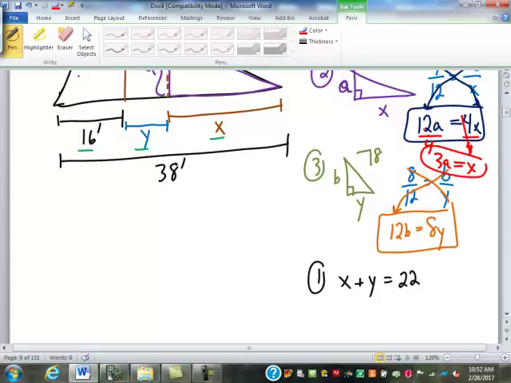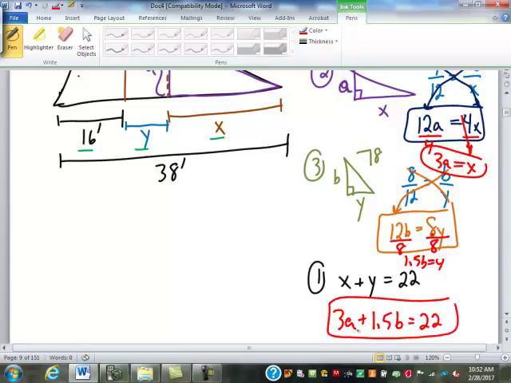I took the 12a equals 4x. I divided by 4 to get x equals 3a. So this is now 3a where the x is. What would I do here? Divide by 8 to give me 1.5b equals y. So I'd replace y with 1.5b equals 22. The problem is we still have 2 different variables there, a and b. Cannot combine those yet.